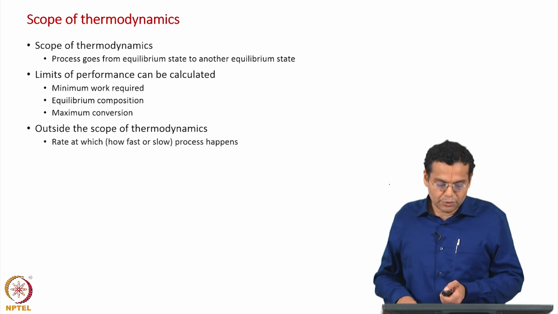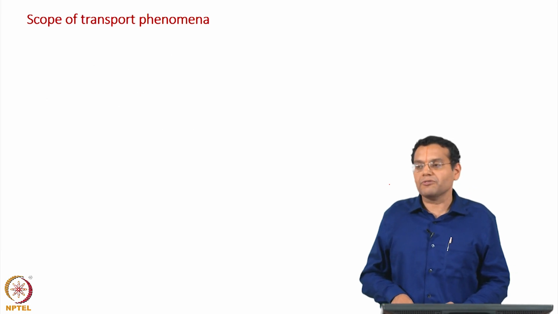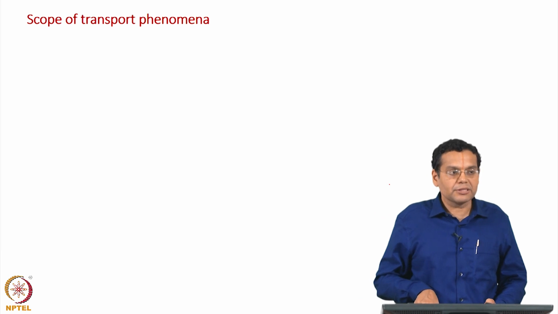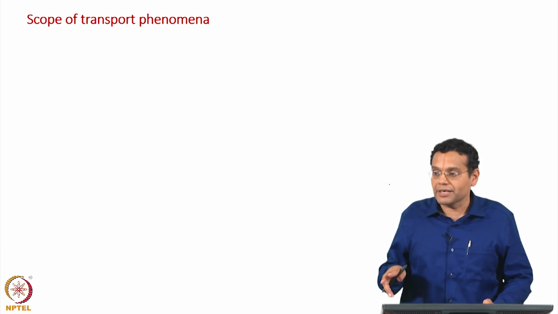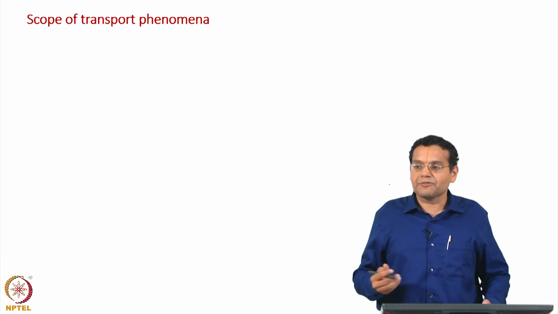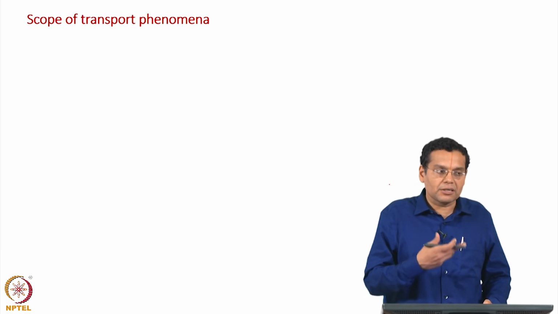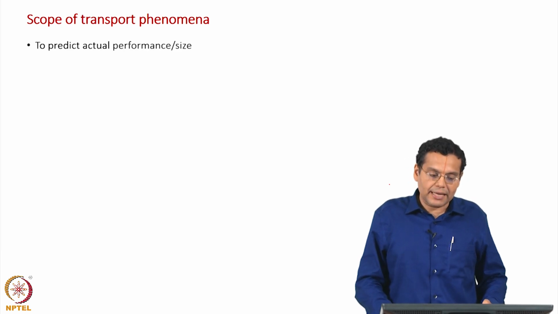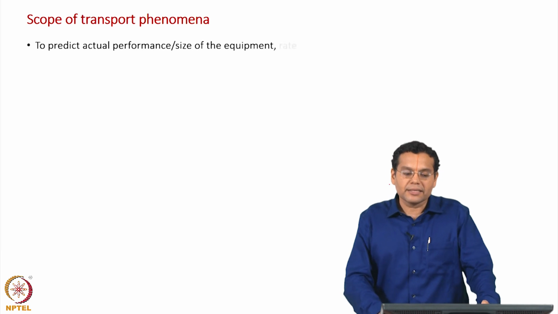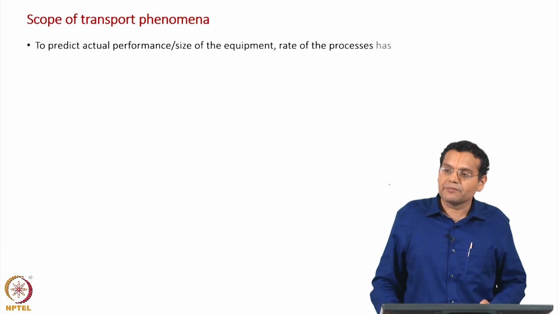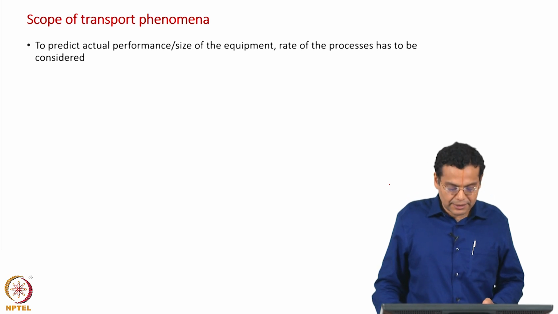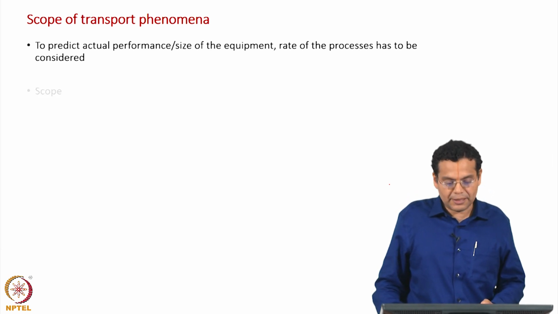That brings in the scope of transfer phenomena, because we need to take into account the rate at which the process happens, so that we can find out the size of equipment. Size of equipment is not under the scope of thermodynamics, we need to predict it, and that is where the scope of transfer phenomena comes in. To predict actual performance and size of equipment, the rate of the processes has to be considered. That is the central theme behind the scope of transfer phenomena.